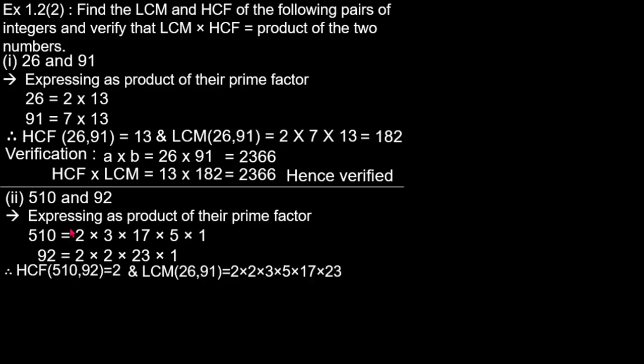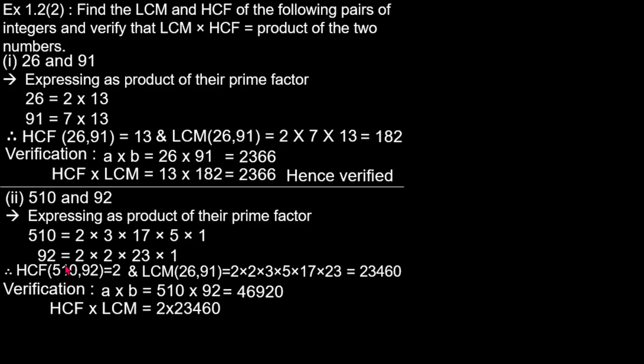And for LCM, we will multiply everything: 2, 2, 3, 5, 17 and 23. If you carry out this multiplication, you will get a big number. Let's do the verification. Let's multiply A into B, 510 into 92, and if you multiply HCF into LCM, you get the same number. Hence, we have verified it.